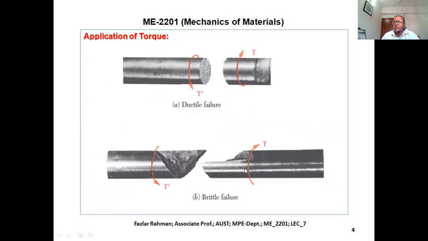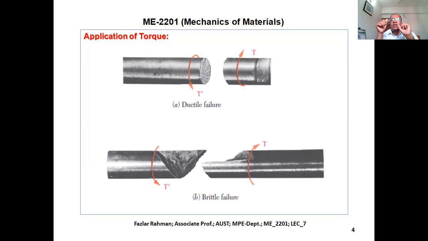This one is brittle, but almost the same diameter. If you apply torque, the brittle material fails like that and becomes two parts, and the ductile material fails not at 45 degrees, a little bit at a 90-degree angle. Just remember how a material becomes two parts: because shear stress becomes dominant. Dominant means becomes higher. That's why it failed.